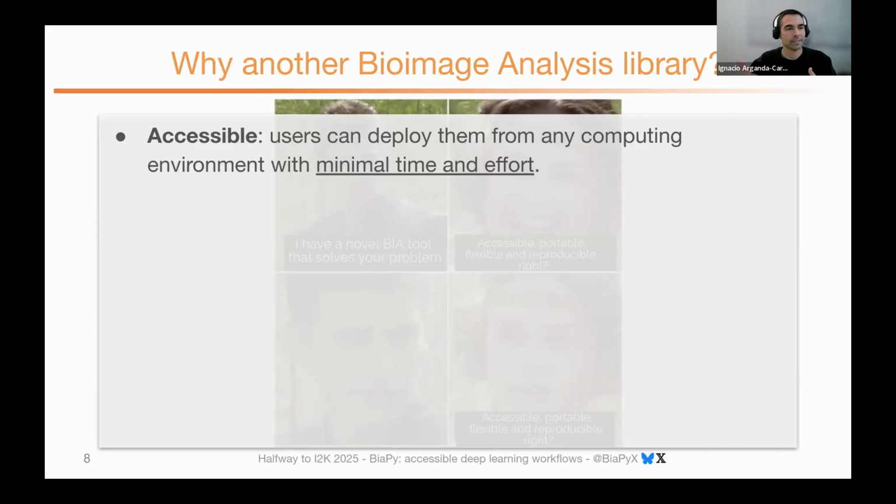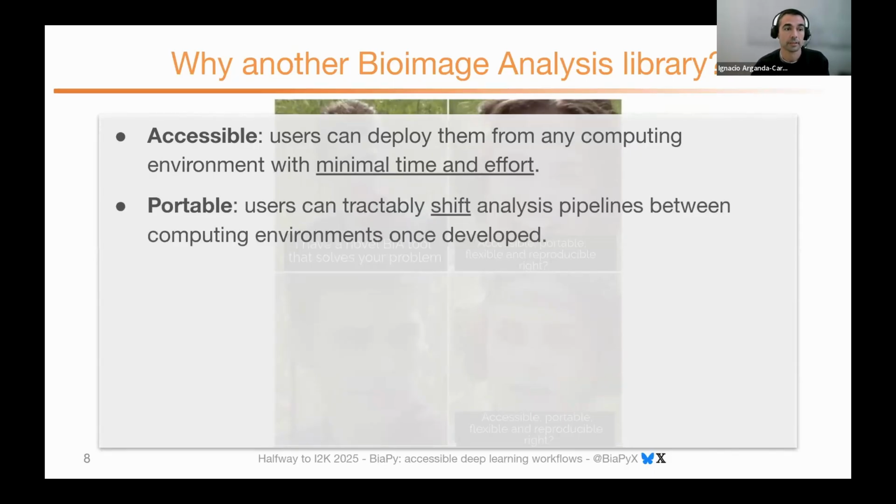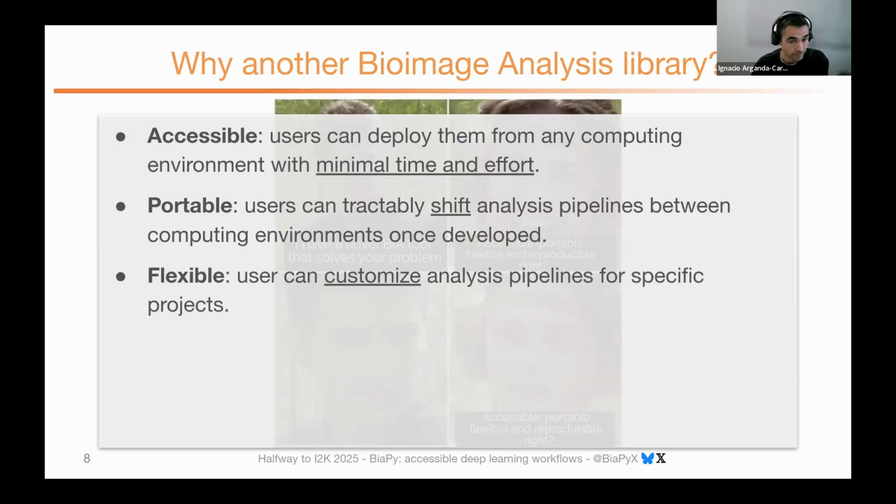They should not have to start from scratch if they want to use a different computing environment. They should be portable, meaning that the user should be able to shift those analysis pipelines between computer environments once they are developed, and that should be simple.